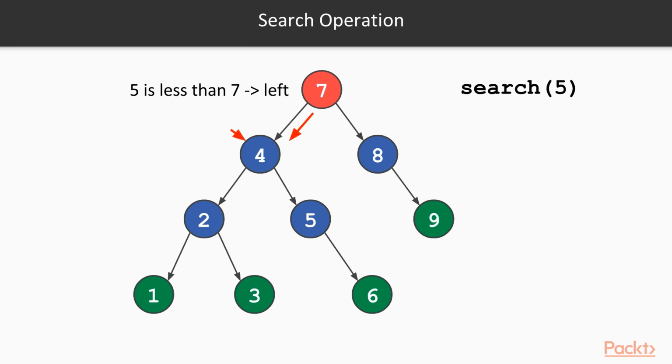If the key to search is greater than the current node, we move to the right child. In this example, 5 is greater than 4, so we move to the right. We stop searching once we find the key we are searching for. If there are no left or right pointers to take, it simply means that the key does not exist.